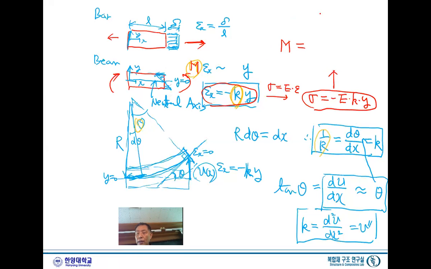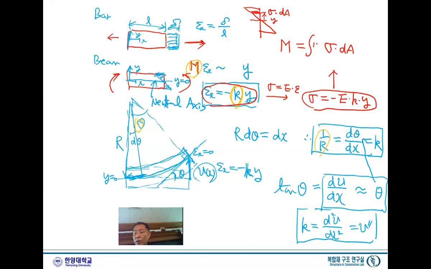Equilibrium means that when we have a moment, if we look at these cross sections, the stress distribution, say this is the sigma, this is the stress, and sigma times dA will be the force. What do we need to multiply to get the moment? Distance, right? So what's the distance? The y coordinate.